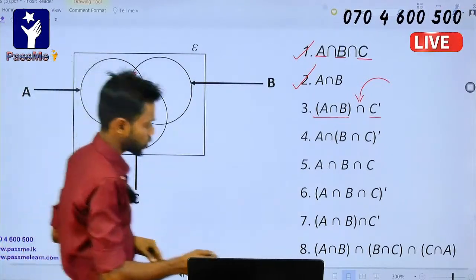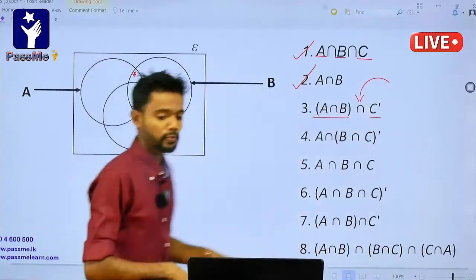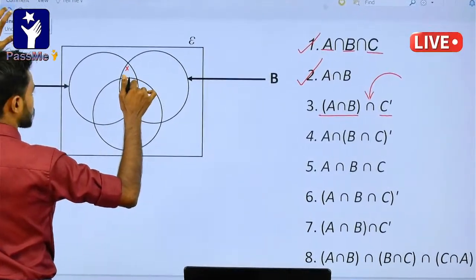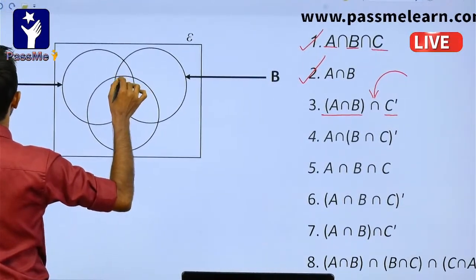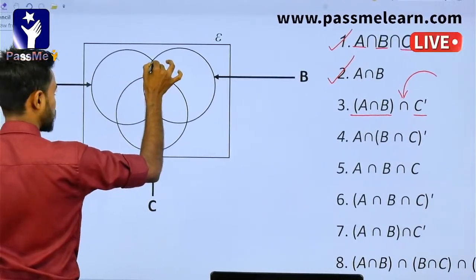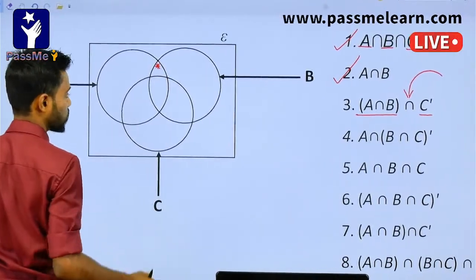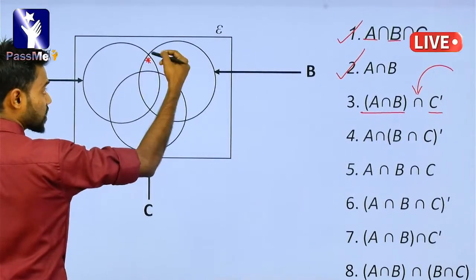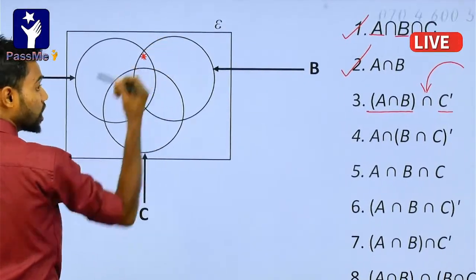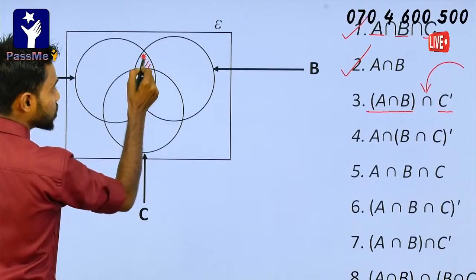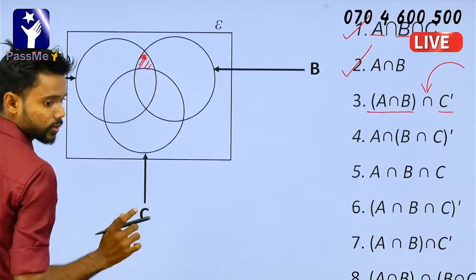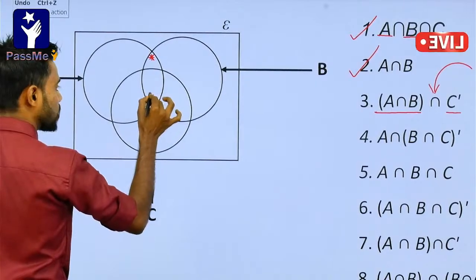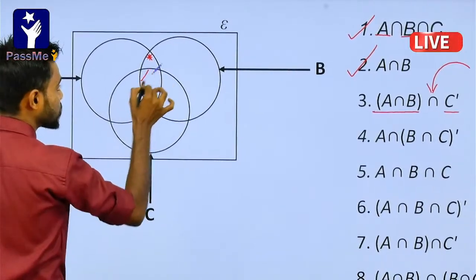I will zoom in for a moment on this place so I can make this space clearer. This star mark will represent this region only. Clear? So I will erase this one. If I put a star mark, that will represent this region only.